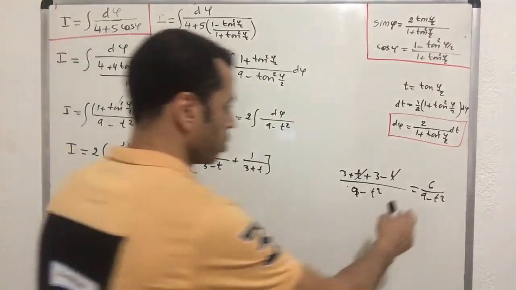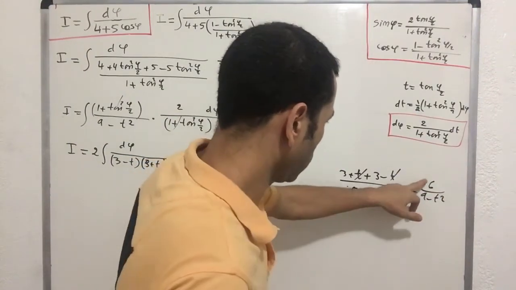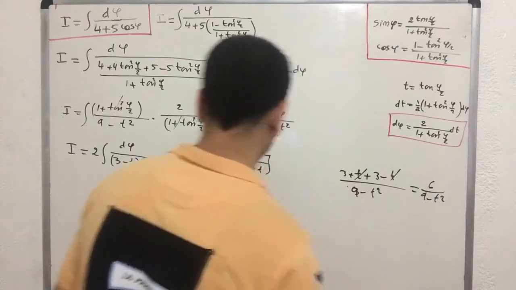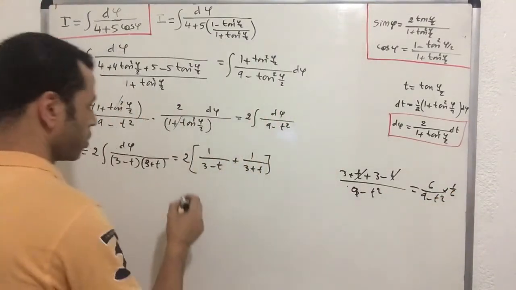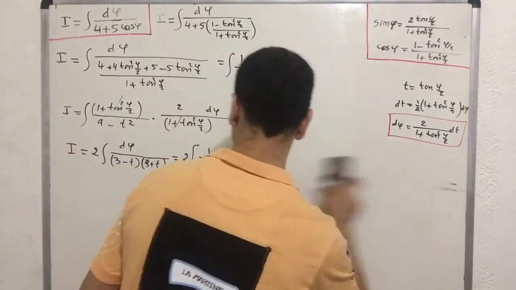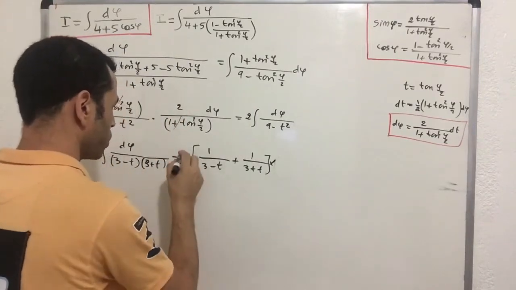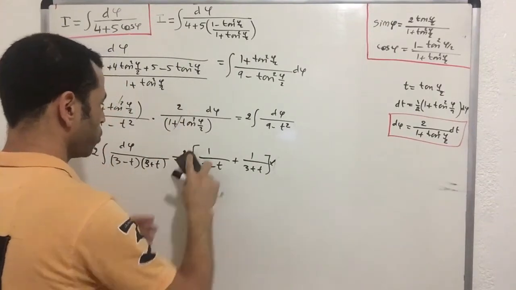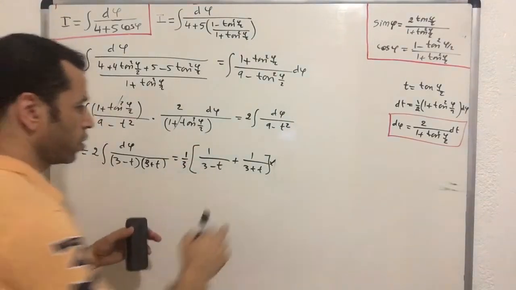What to do to cancel this 6 to make it a 1? We multiply by 1 over 6. Let's put it in the front. It becomes 2 over 6, which is 1 over 3.